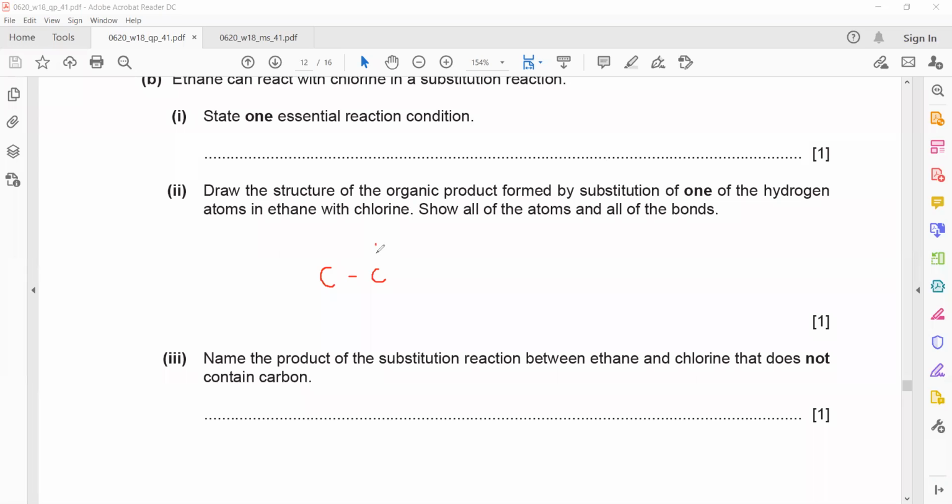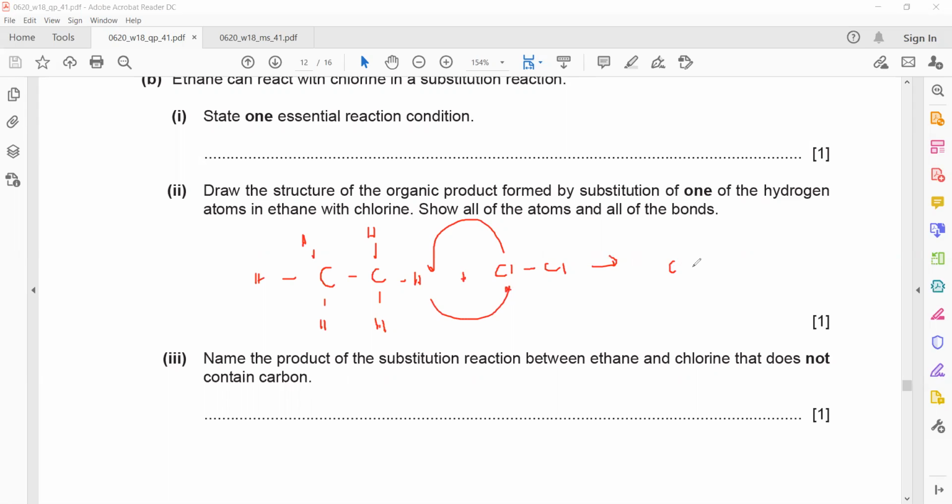Because ethane was there, reacted with chlorine. So chlorine will take position, substitution reaction, chlorine takes position.